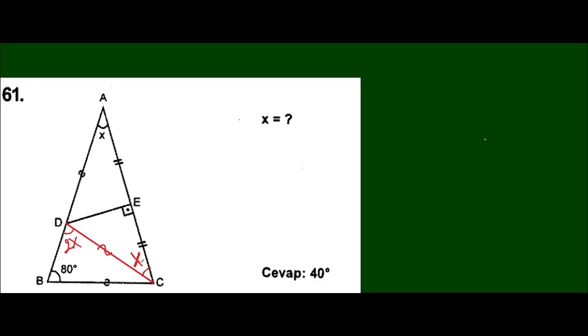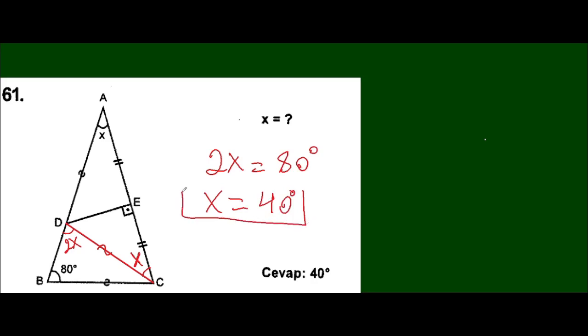So the angle CDB will be equal to DBC. So 2x has to be equal to 80 degrees. So x will be 40 degrees. So this is the correct answer.